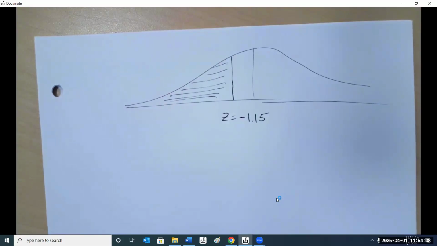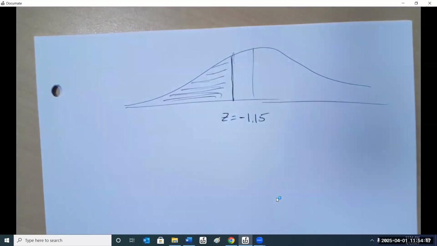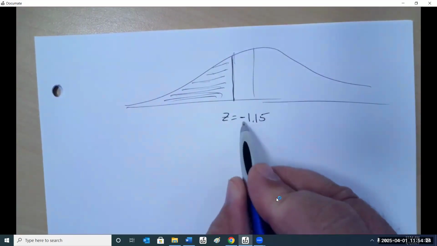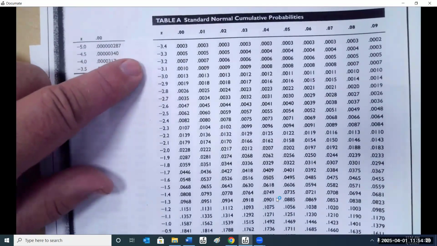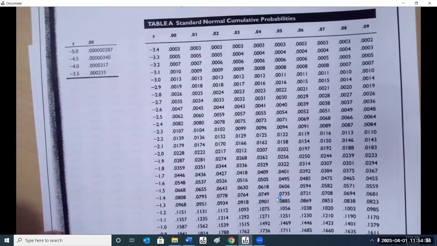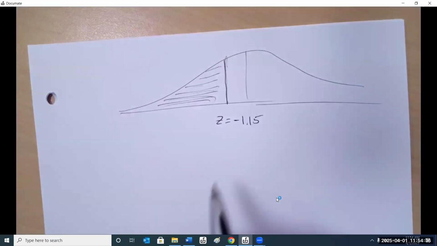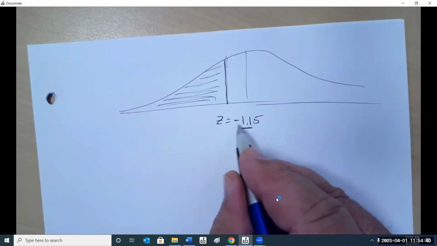Kind of like one of those standardized test scores, the quartiles. So here's your score. You're bigger than this many percent of the people. So since we have a 1.15, it's negative. Go to the chart that has the negative values on it. Go down the first digit. So we're going to go down to negative 1.1.